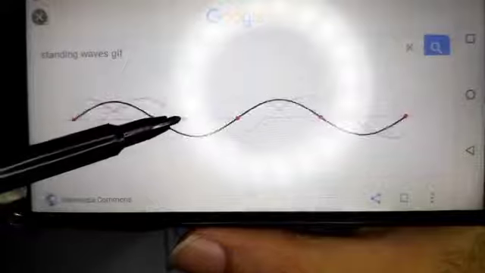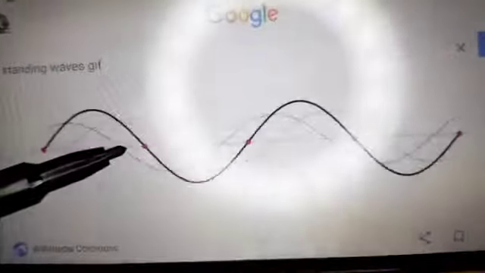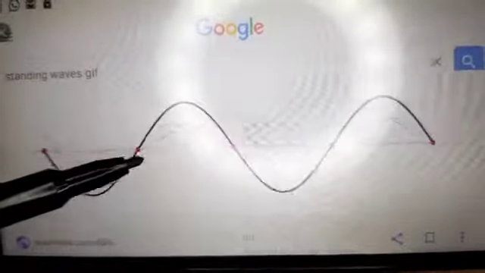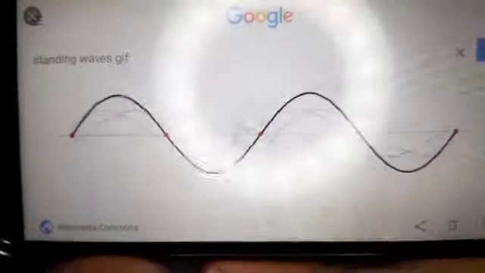So basically lowest point, highest point, lowest point. So this is another very important difference. Points between two nodes are always in phase, and points across the same node are always in anti-phase. Does that make sense? So yeah, that's pretty much it.